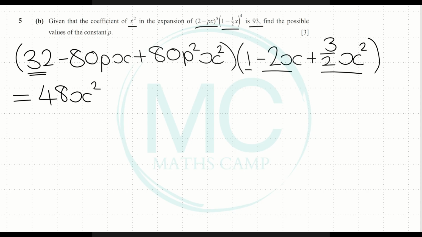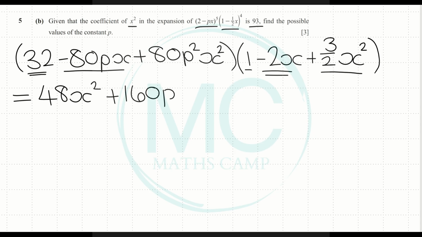Now we can look at negative 80px multiplied by 1 gives us an x term. That's not going to help. But if we multiply by negative 2x, we're going to get another x squared term. Negative 80 multiplied by negative 2 gives us positive 160.